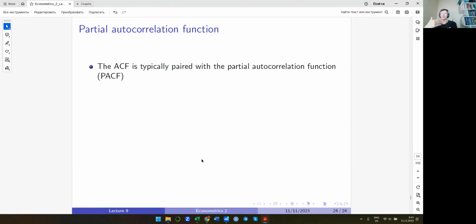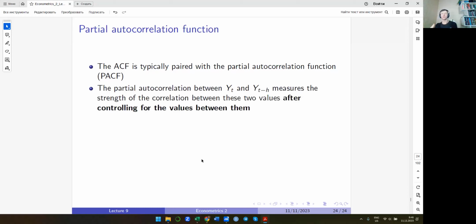There is also an additional concept of partial autocorrelation function. In the third lecture, we will closely inspect autocorrelation functions and partial autocorrelation functions. So what's the difference?